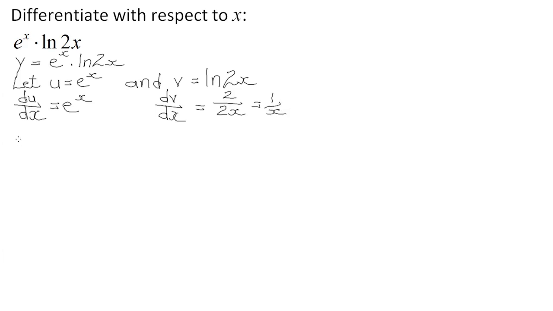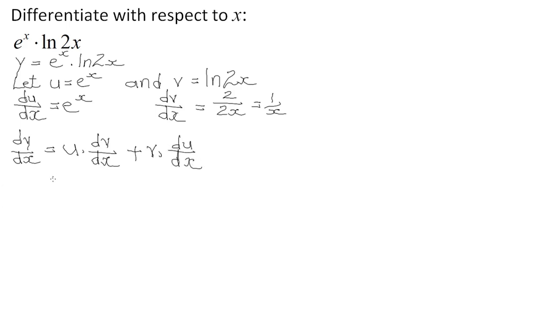Next step, write down my formula for the product rule, formula number 8. It will be the first, which is u, times the derivative of the second, which is dv/dx, plus the second, which is v, times the derivative of the first, which is du/dx.